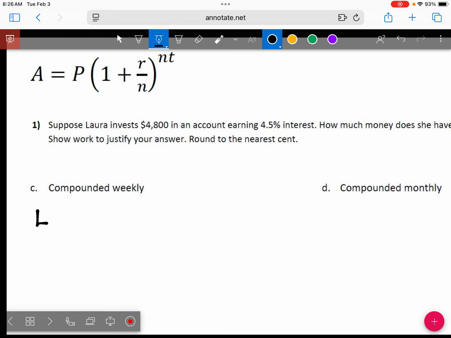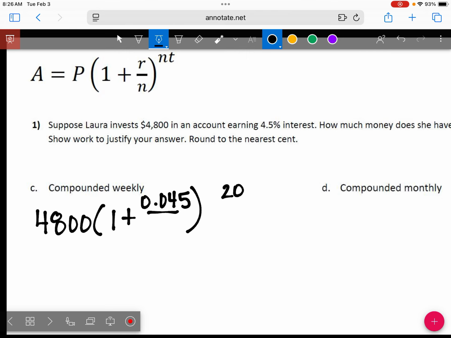Same situation. Now I'm going to keep writing it out, but you don't have to. 1 plus 0.045. And it's 52 down here and here. Go ahead and type that in.